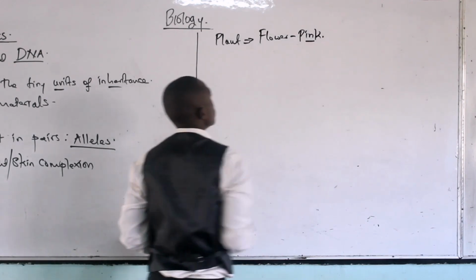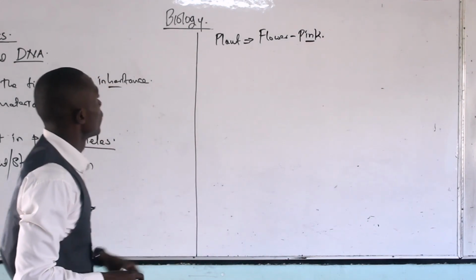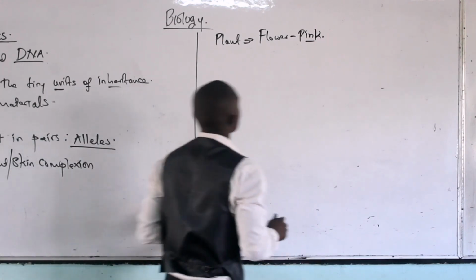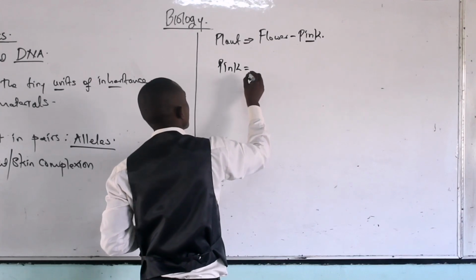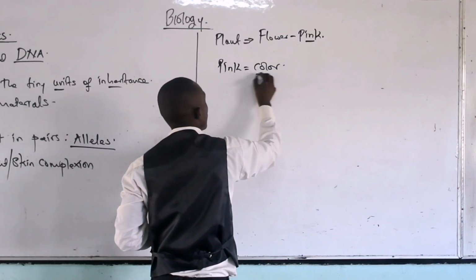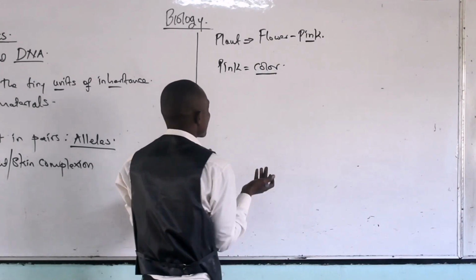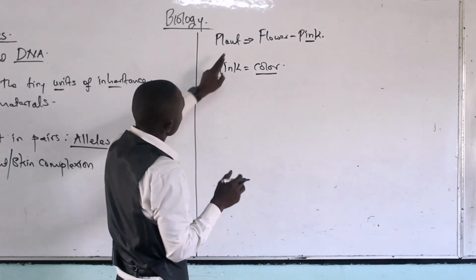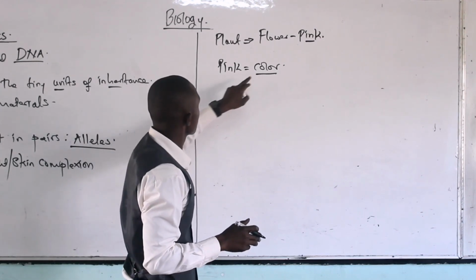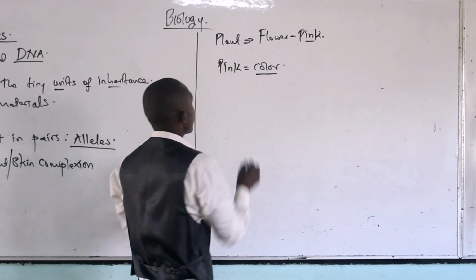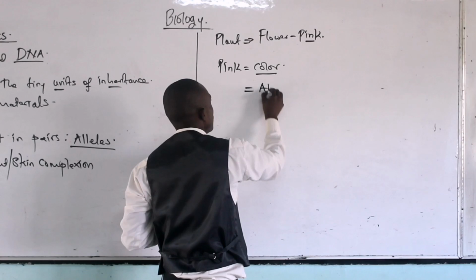So this pink is a color, and this color is a trait. That means this plant inherited this pink color. And the genes responsible for this pink color are from the alleles.